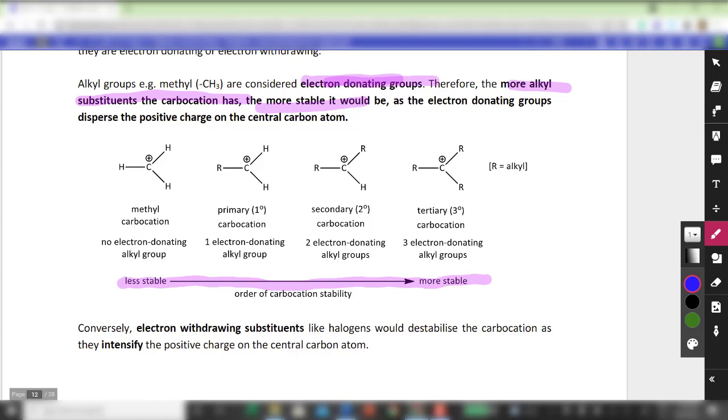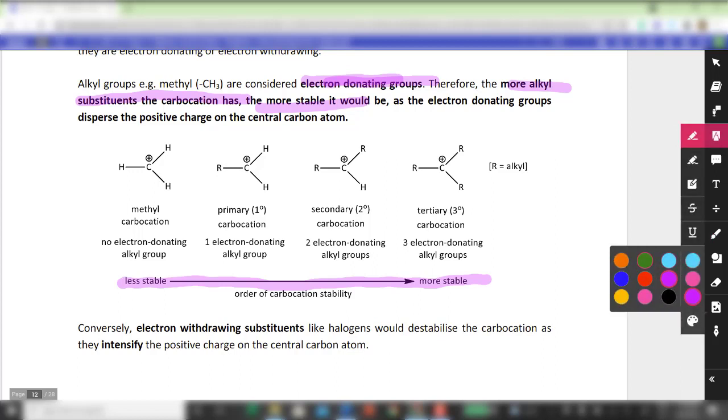Okay, what else should I mention? Electron donating groups stabilize carbocations. The more electron donating groups you have, the more stable the carbocation will be, and the activation barrier leading to its formation will be lower. There is also a shortcut way of representing carbocations as primary, secondary, or tertiary.